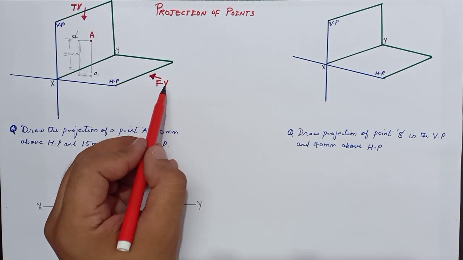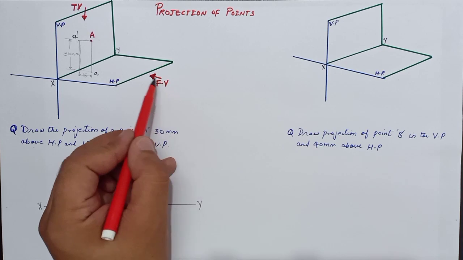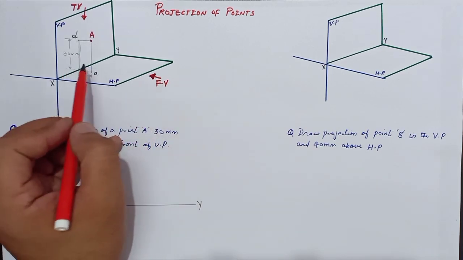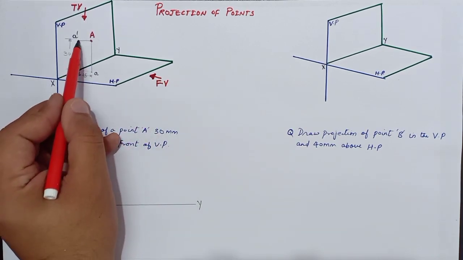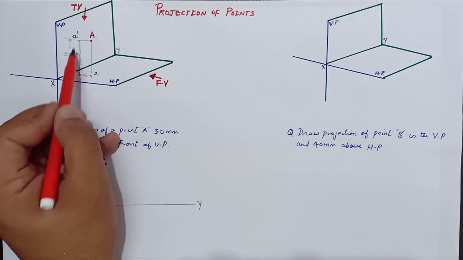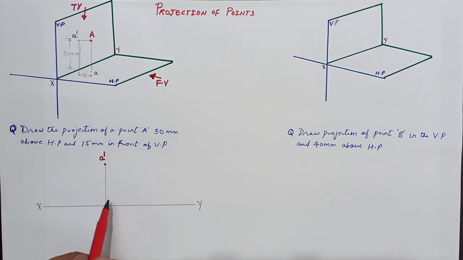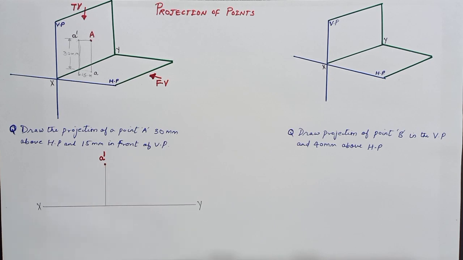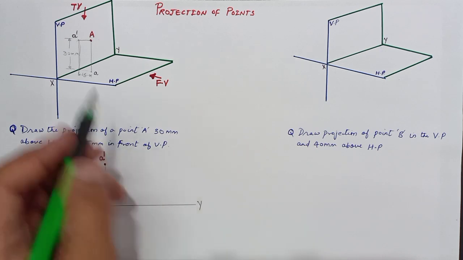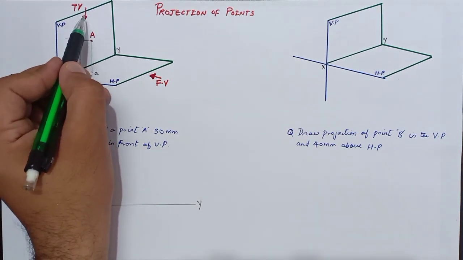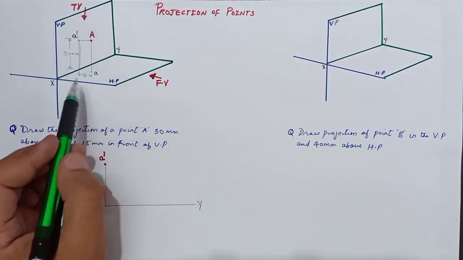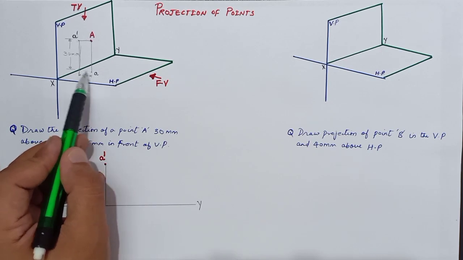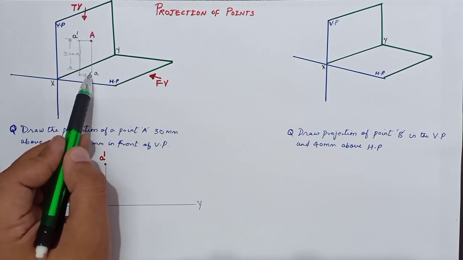When the observer is looking from the front, the observer can see the distance of 30 mm above HP, that is point A dash 30 mm above HP. Now for the top view, looking from here, we can see a distance of 15 mm in front of VP.